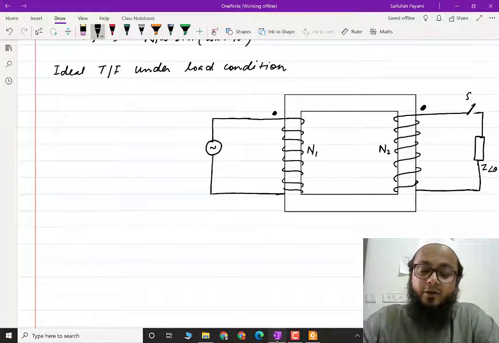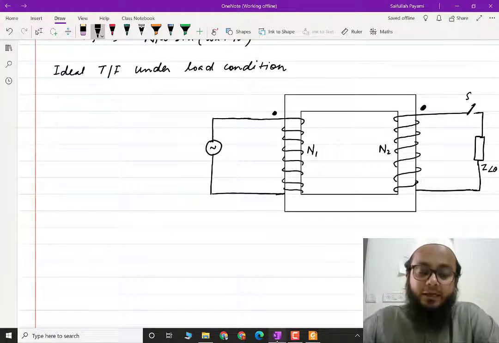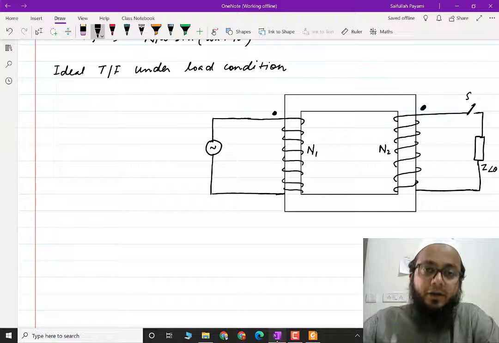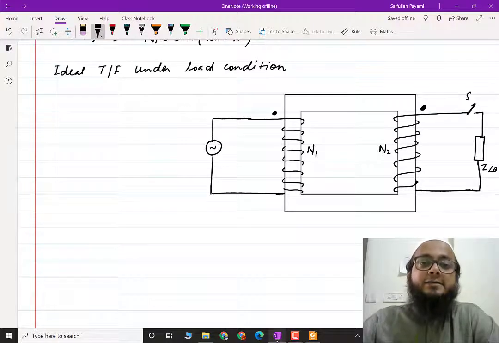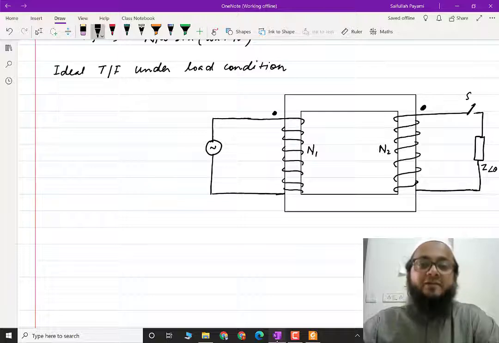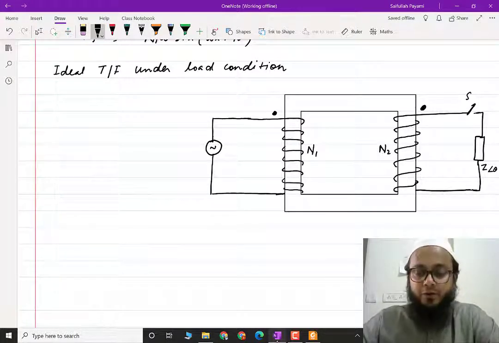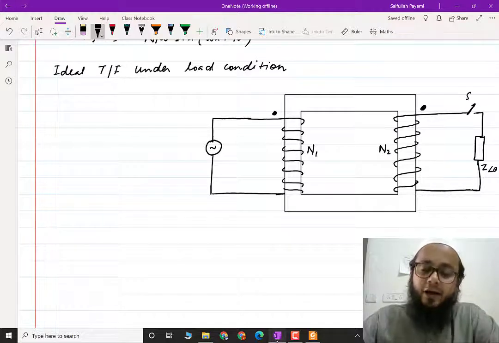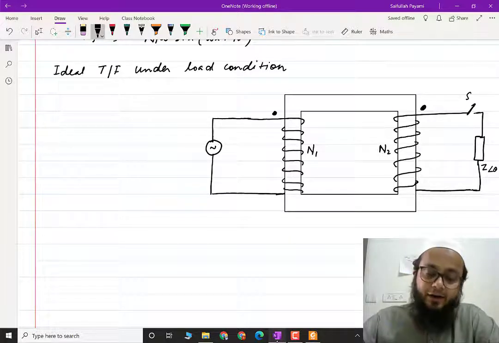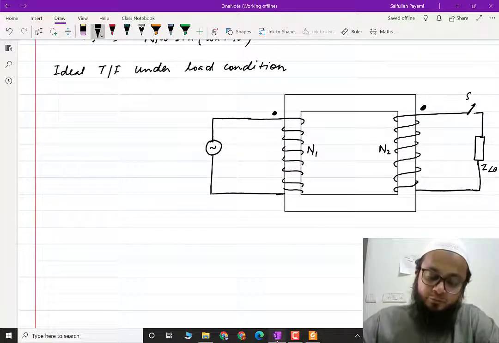Sometimes the coil which has been energized by an external source, we call it the primary winding, and the coil on which we have the induced EMF, which is connected to the load, we call the secondary winding. So this side is the primary winding.